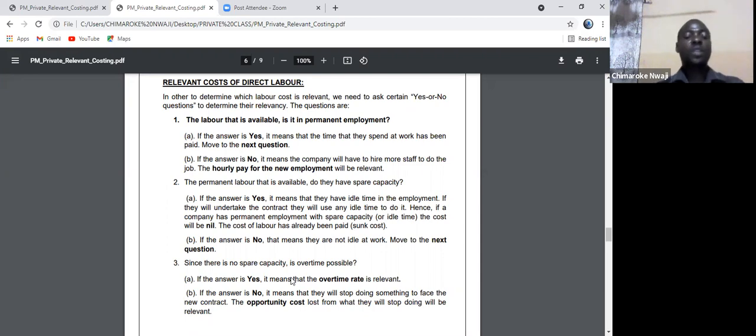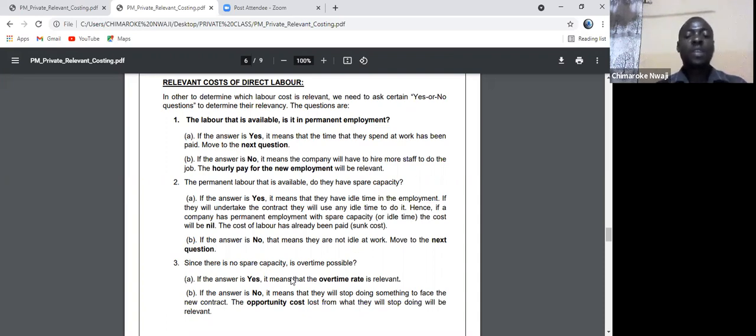Now the question is, since there is no spare capacity, is it possible to have overtime? Okay, how can overtime come about? Let's say some workers work Monday to Friday, let's say 8 o'clock to 5 o'clock, no spare capacity, they are working all the time.